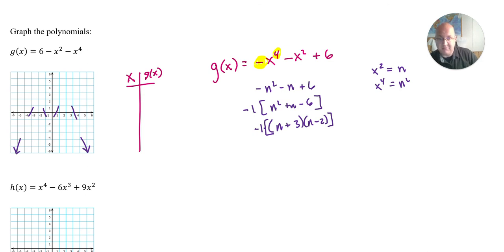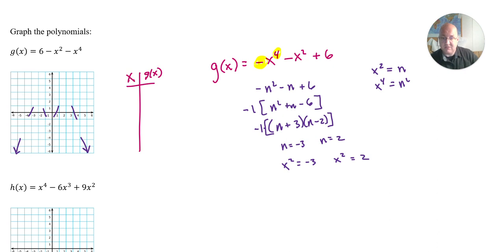Because if n plus 3 is a factor, then n equals -3. And if n minus 2 is a factor, then n equals 2. Okay, so those are our zeros for the n, but remember that n stands for x squared. So really we have x squared equals -3 and x squared equals 2.